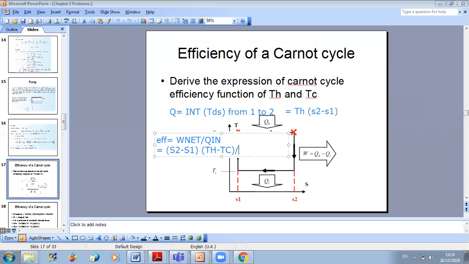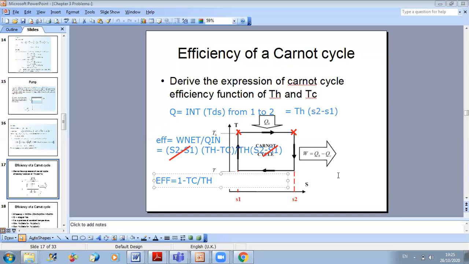And divided by Q, I will replace Q by its value, TH times S2 minus S1. So as you can see here, S2 minus S1 will be simplified, and what is the expression of my efficiency? My efficiency is equal to TH minus TC over TH, which is 1 minus T cold over T hot. So I derived in this way the expression of the efficiency of a Carnot cycle, as a function of TC and TH.